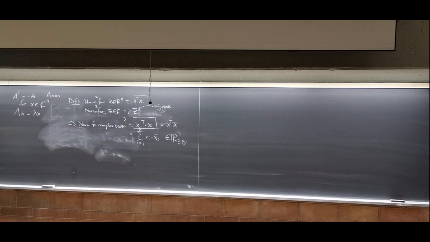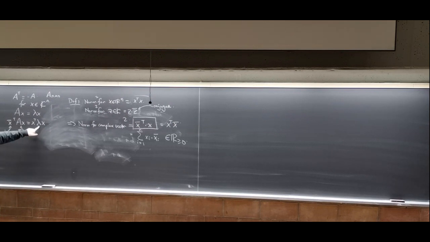So what I'm going to do is multiply both sides by the conjugate transpose of x, which makes perfect sense because this is an n by 1 vector, and this is a 1 by n vector because we did transpose it, right? So we can do this multiplication and it will make perfect sense. Okay? So this is what we're going to do.